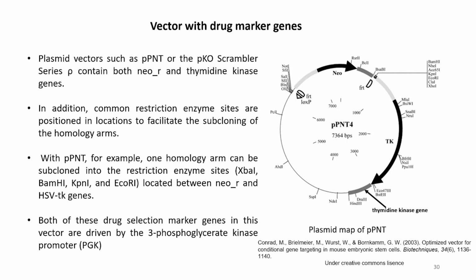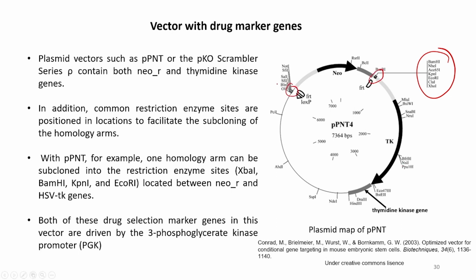So, let us study this vector with drug marker genes over here, and you can see here a site with many restriction enzyme or multiple cloning site over here, and then you have another similar site over here, and within a very narrow stretch.